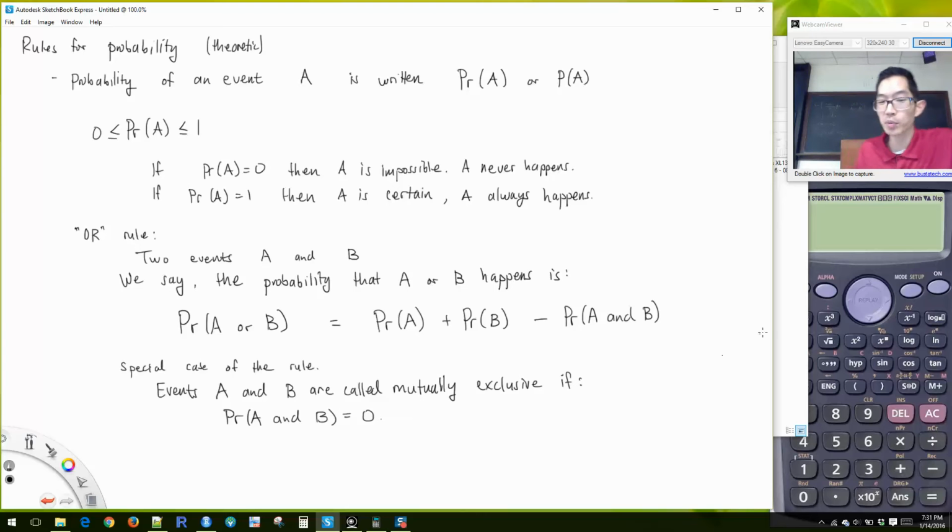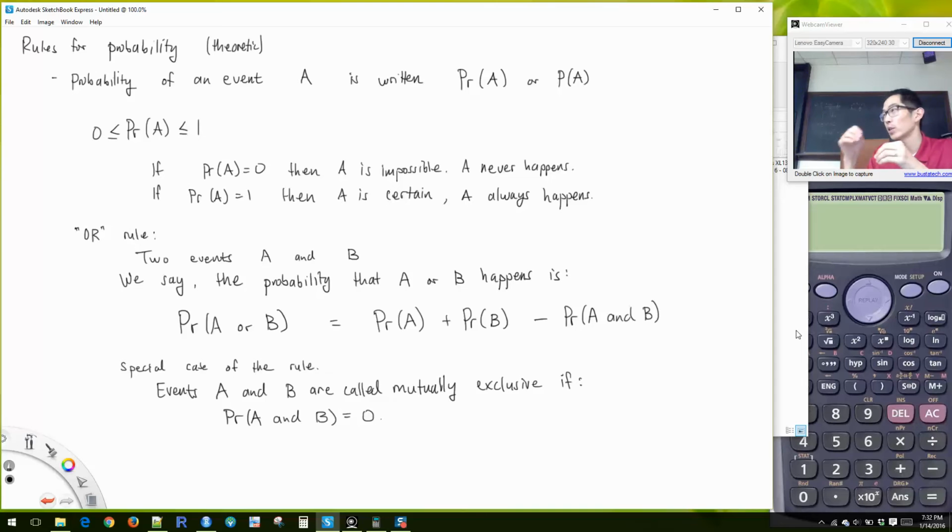So what does it mean that the probability of A and B equals 0? It's impossible. That means event A and event B happening together is not possible. So if A happens, then B cannot happen at the same time. A simple example would be the coin lands heads is event A, the coin lands tails is event B. You can never flip a coin and have it land both heads and tails at the same time. So those outcomes are mutually exclusive.